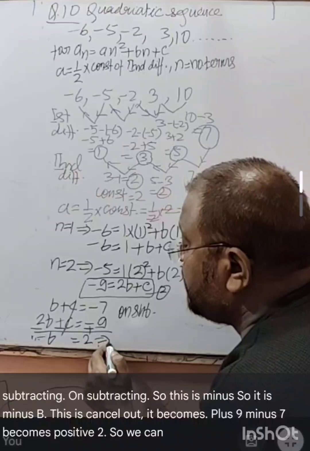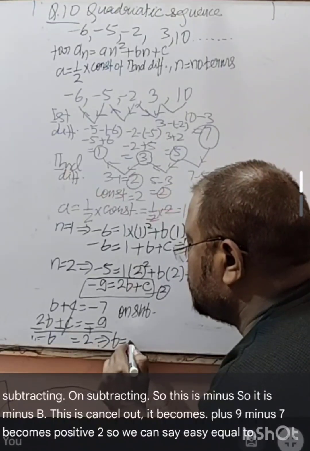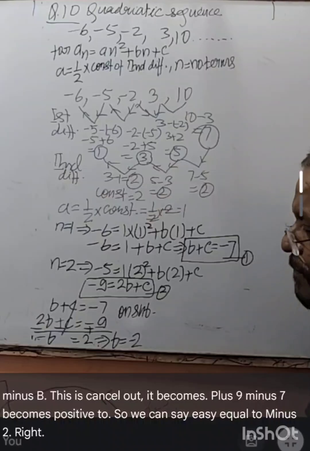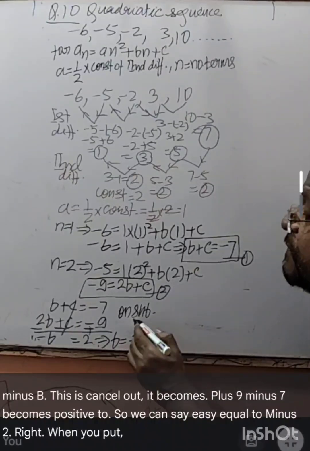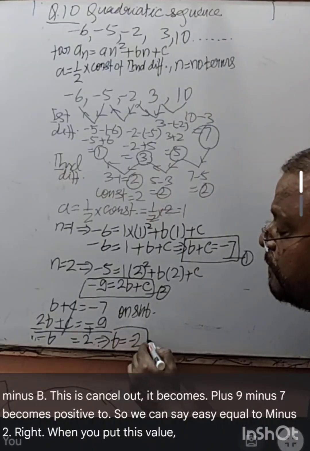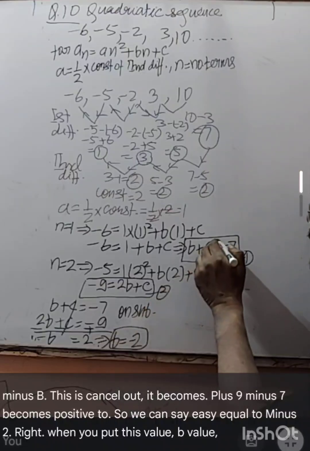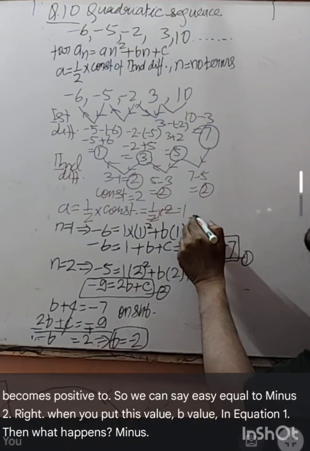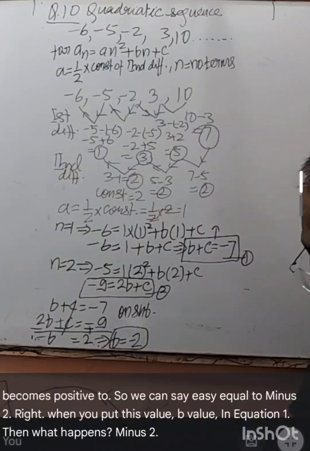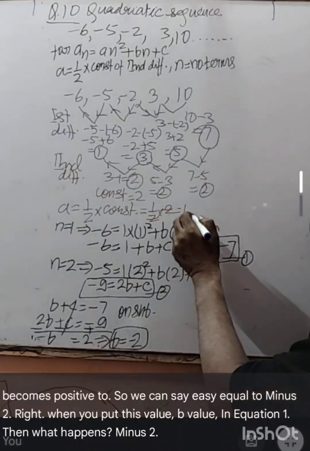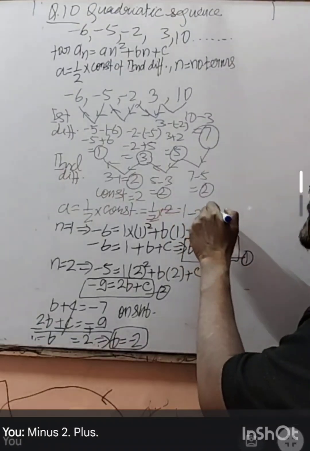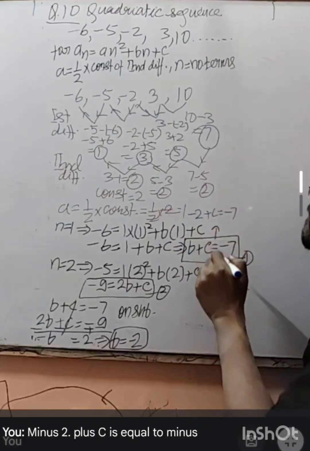So we can say b is equal to -2, right? When you put this b value in equation 1, then what happens? -2 plus c is equal to -7.